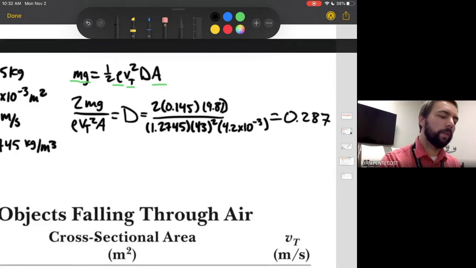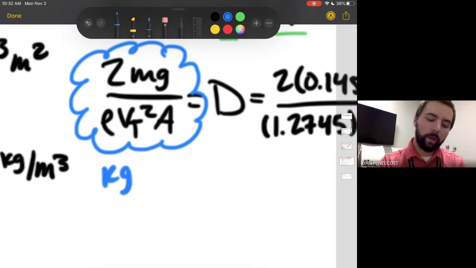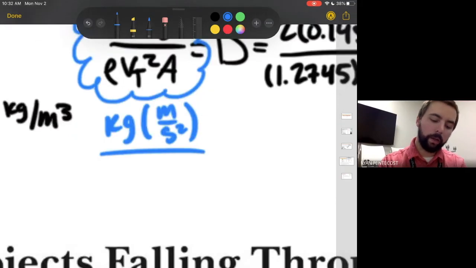So let's write out all of these units. Mass is in kilograms. Gravity is meters per second squared, 9.81 meters per second squared. Rho is a kilogram divided by meters cubed.